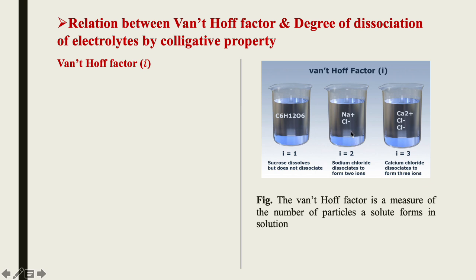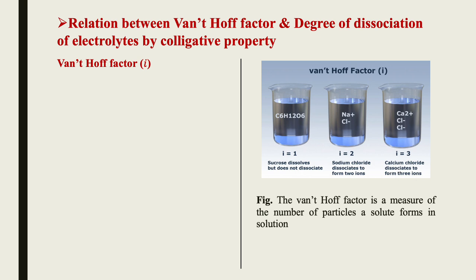If you take the second example of sodium chloride, sodium chloride can dissociate into sodium plus and chloride minus ions, so the i value will be 2 ions. And if you take the third example, if you dissolve calcium chloride in water, you will form 3 different dissociated ions, so there are 3 ions.